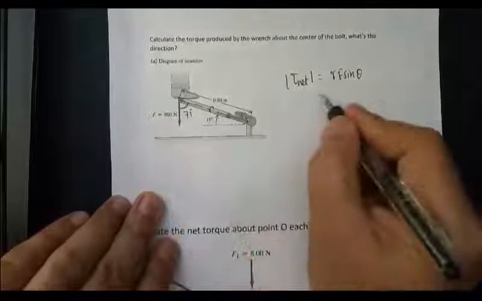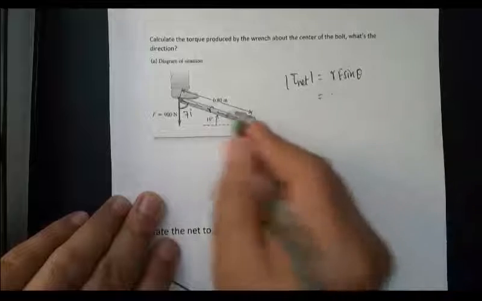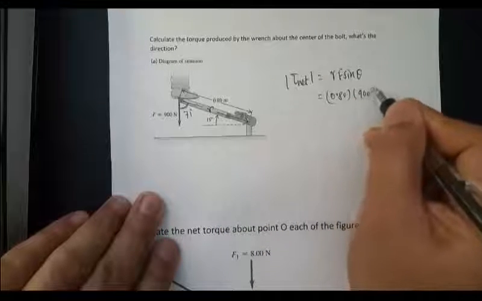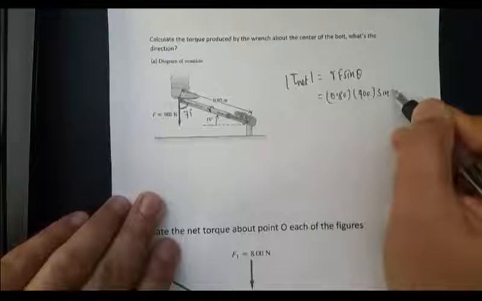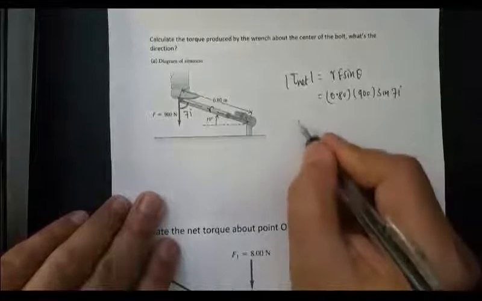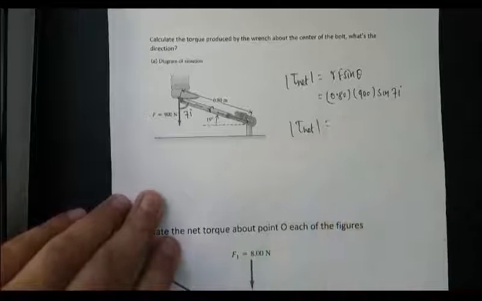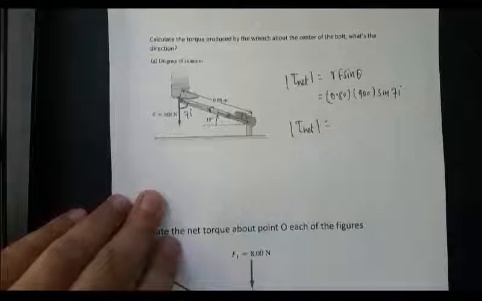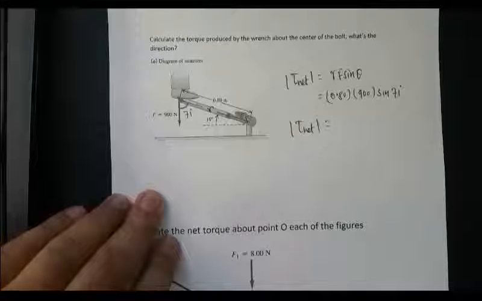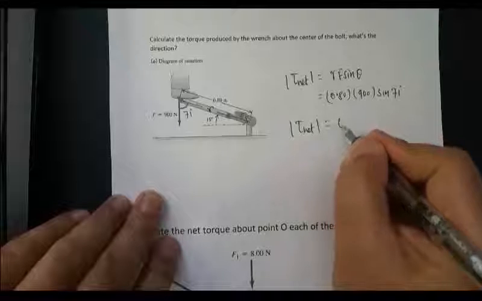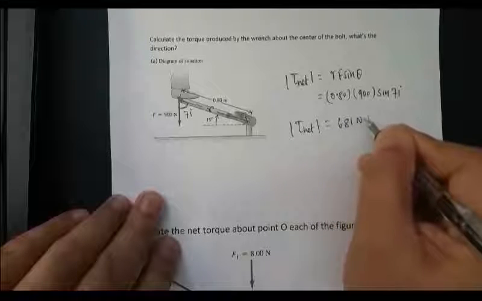That's what you need. So the position vector magnitude is 0.8, force is 900 newtons, sine of 71, not 19. So the magnitude of the torque is going to be 681 newton meters.